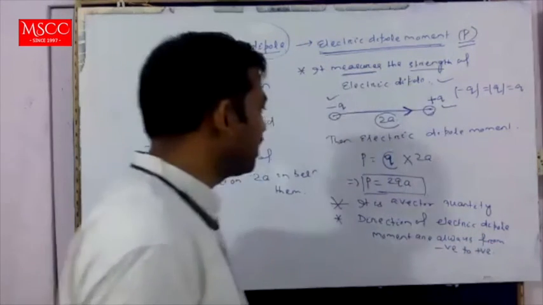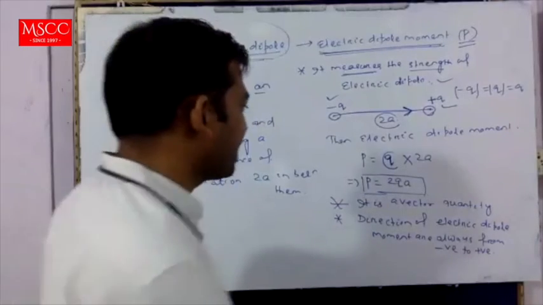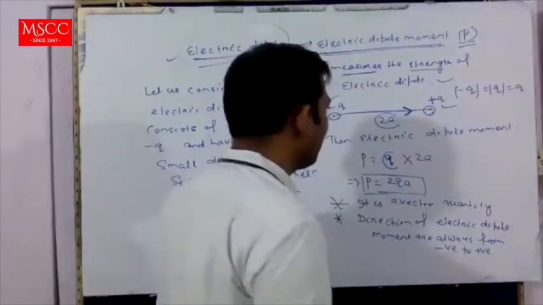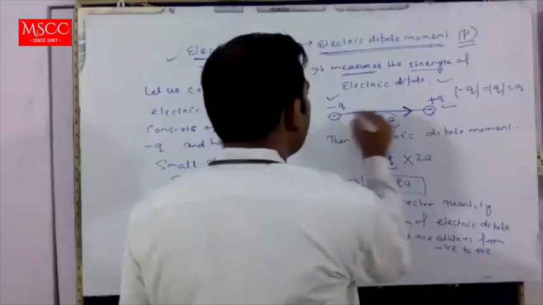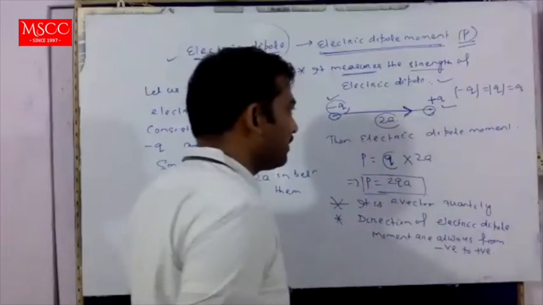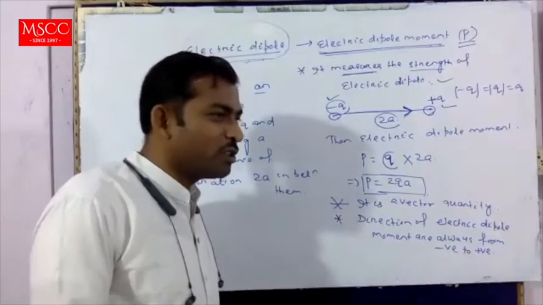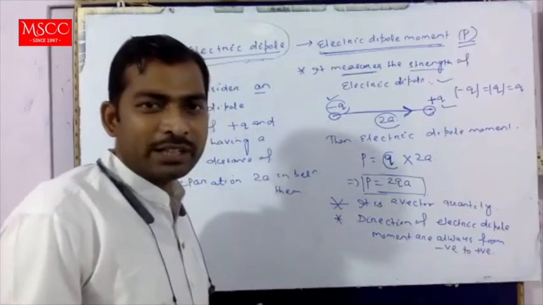It is a vector quantity because it has both magnitude and direction, and the direction is always from negative to positive, whereas the direction of electric field is just opposite, that is positive to negative.